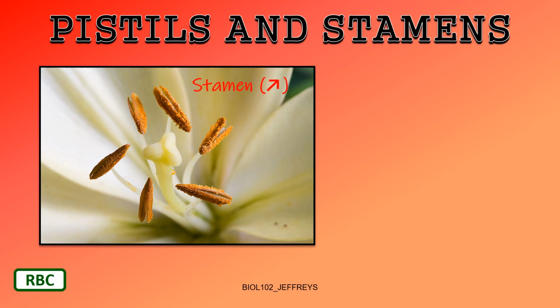So pistils and stamens. Remember, stamens are male structures, and you see them here. Stamens have filaments. Here's a filament there. I think I have it marked for you. That's the anther, and there's the filament.